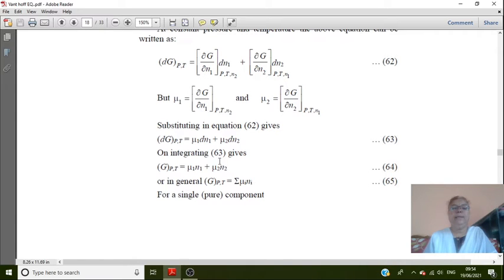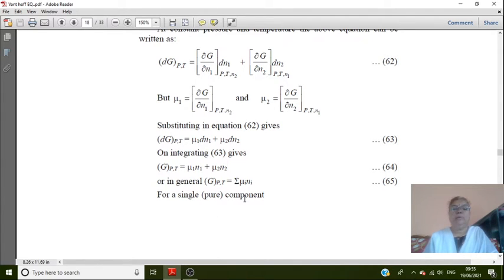On integrating equation number 63 we get free energy at constant pressure and temperature equal to mu1 N1 plus mu2 N2, or in integral form, free energy at constant temperature and pressure is equal to the summation of mu_i N_i.